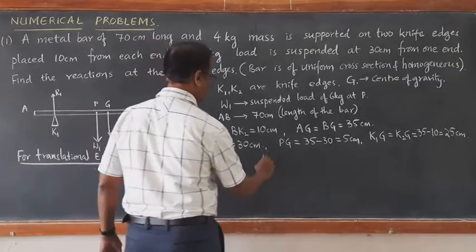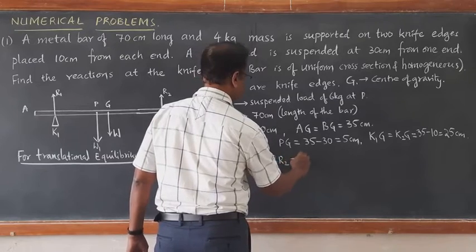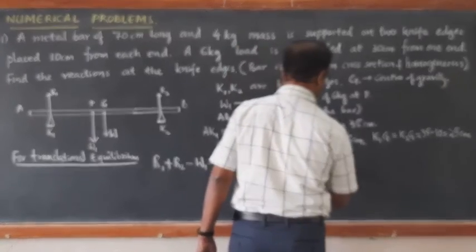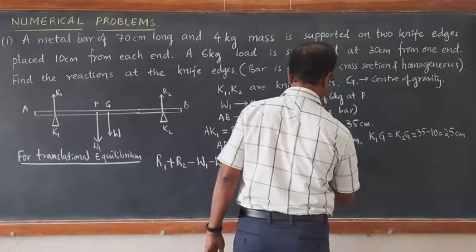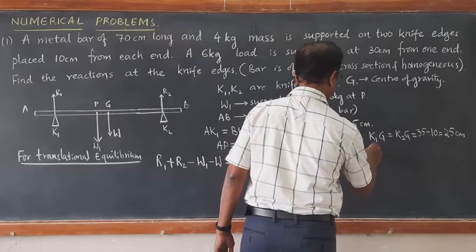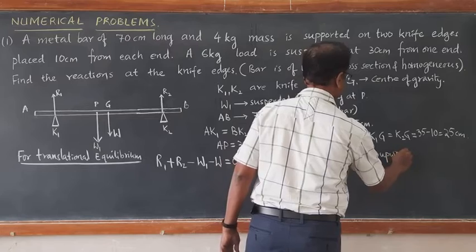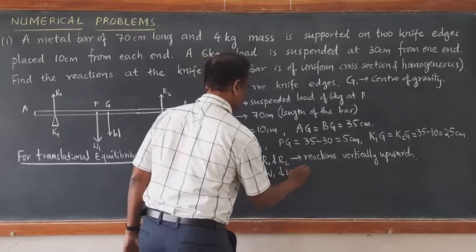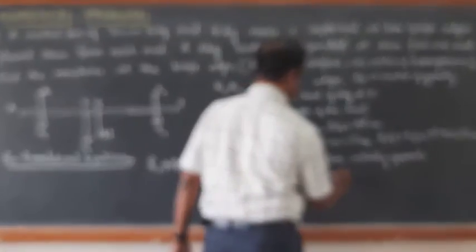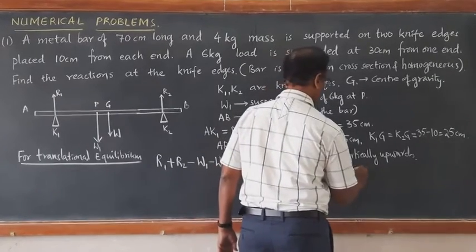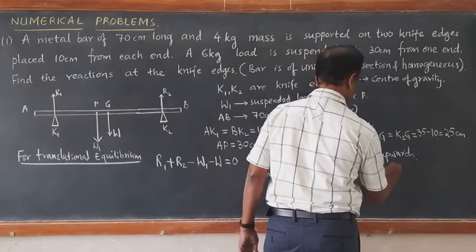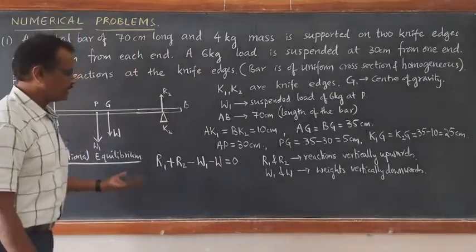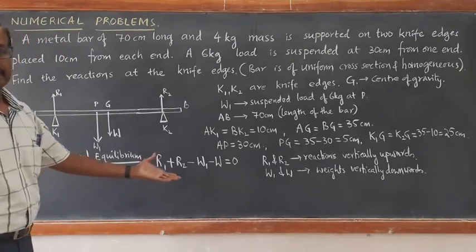Here R1 and R2 are the normal reactions vertically upwards, and W1 and W are the weights vertically downwards. You are asked to calculate R1 and R2 using these conditions of translational equilibrium and rotational equilibrium.